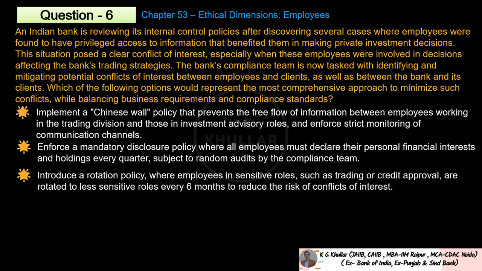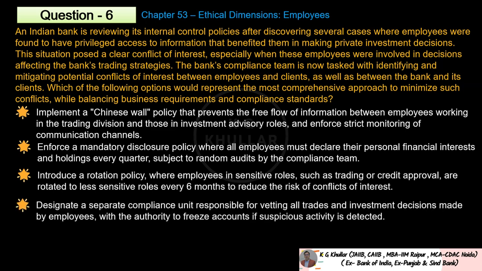Then third option C is introduce a rotation policy where employees in sensitive roles such as trading or credit approval are rotated to less sensitive roles after every 6 months to reduce the risk of conflict of interest. And last option D is designate a separate compliance unit responsible for vetting all trades and investment decisions made by the employees, with the authority to freeze accounts if suspicious activity is detected.